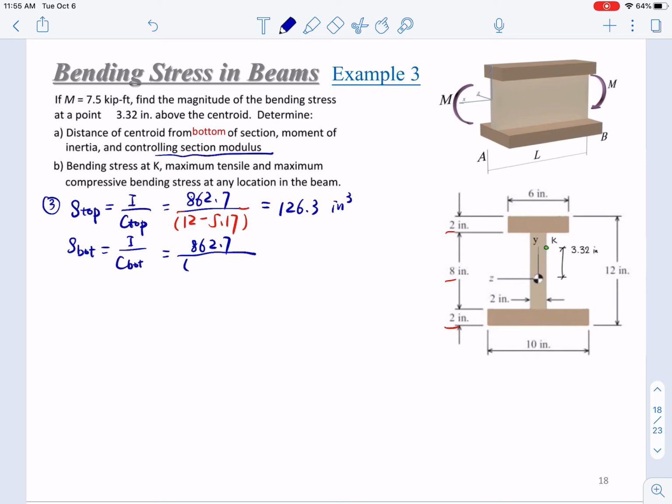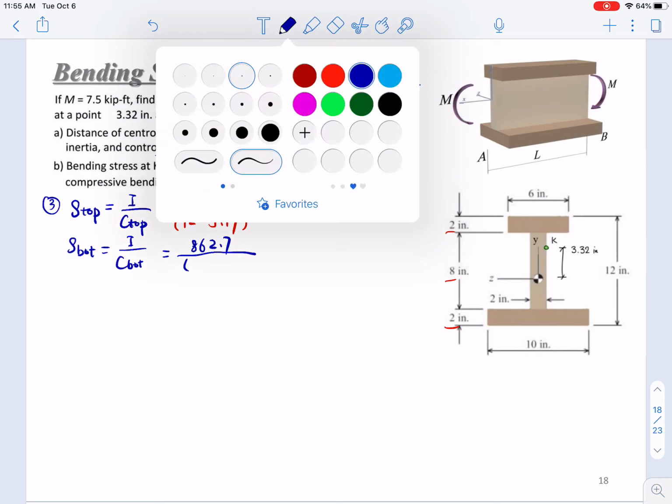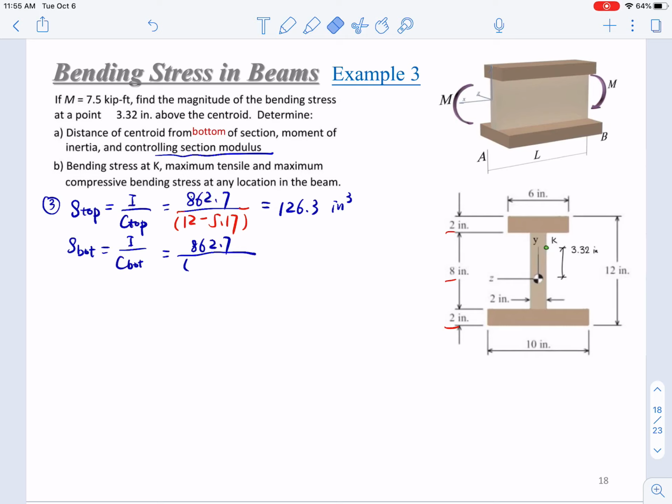And here the bottom will be 862.7 over 5.17. Since y bar is the distance of the centroid to the bottom, this C bottom is just directly 5.17.